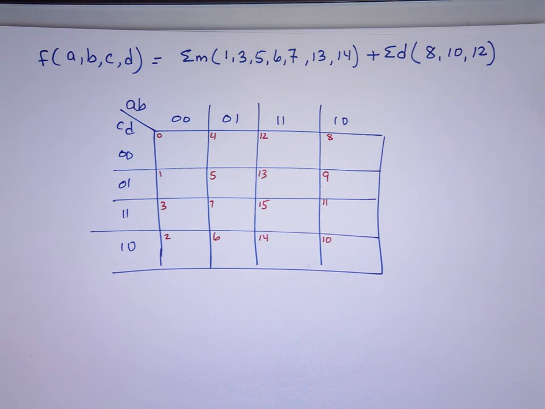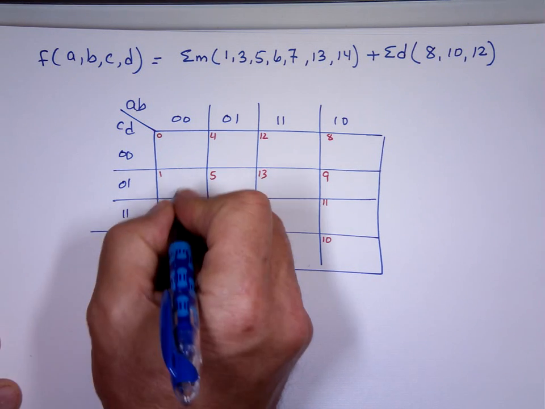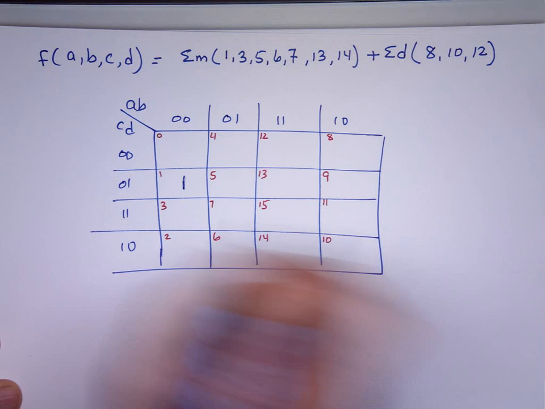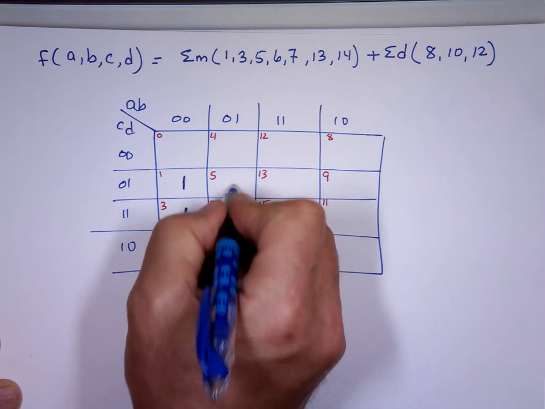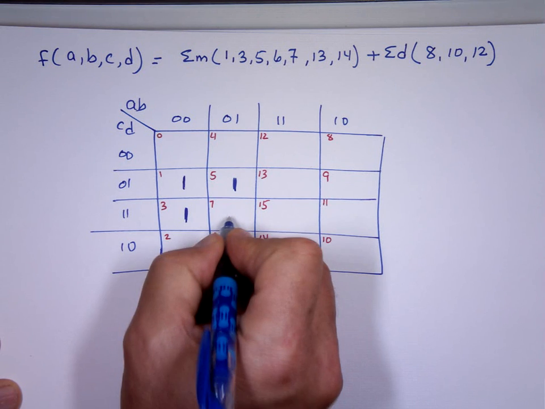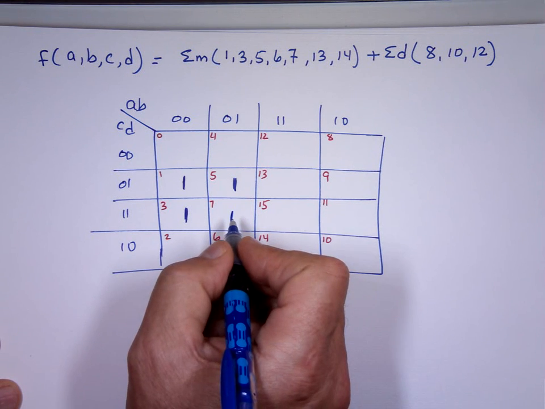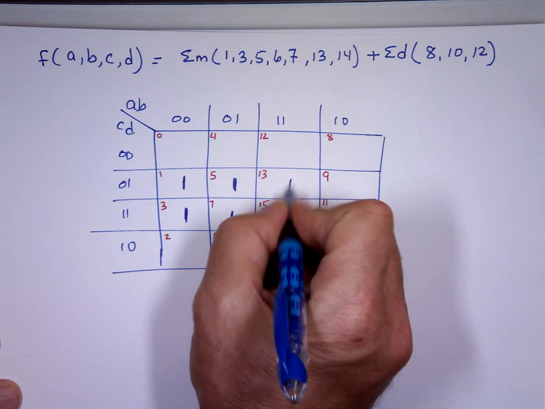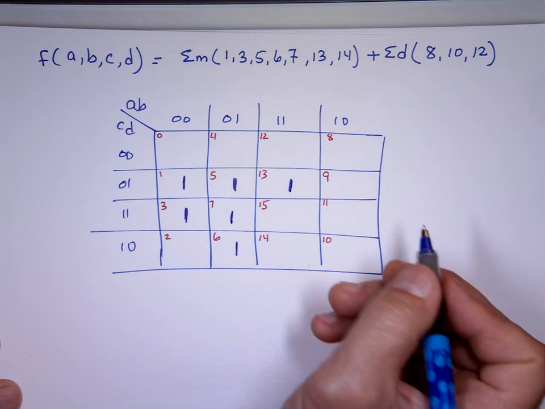And let's put the numbers in them. We have a 1 at 1, at 3, at 5, at 6, at 7, 13, and 14. Where's 14?